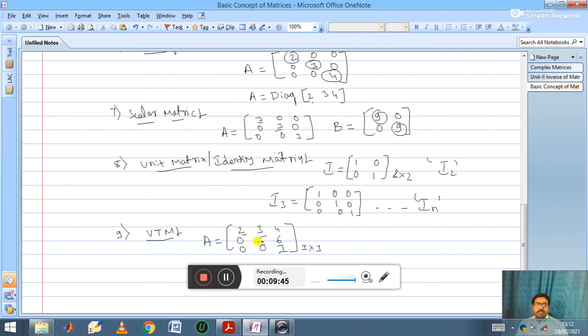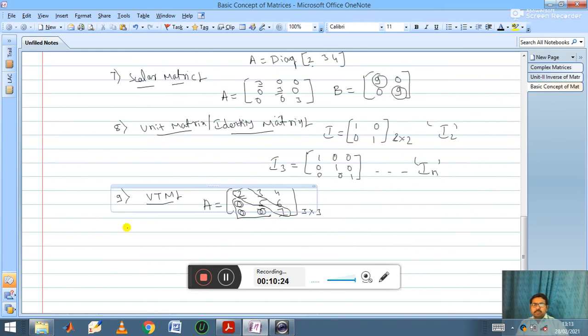Below the principal diagonal line, all the entries are equal to 0, and it is forming a triangle. All the lower elements are zero, and the nonzero part forms a triangle above the diagonal, hence it is known as an upper triangular matrix.